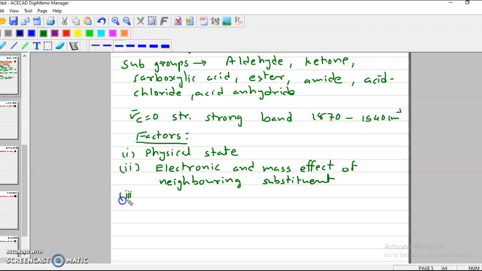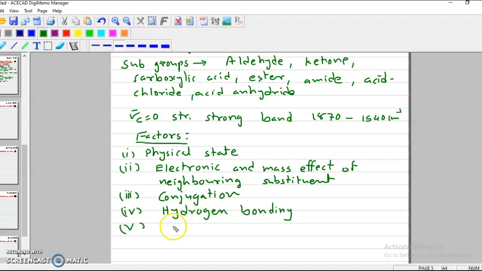Third, conjugation. Fourth, hydrogen bonding. And fifth is ring strain or angle strain.